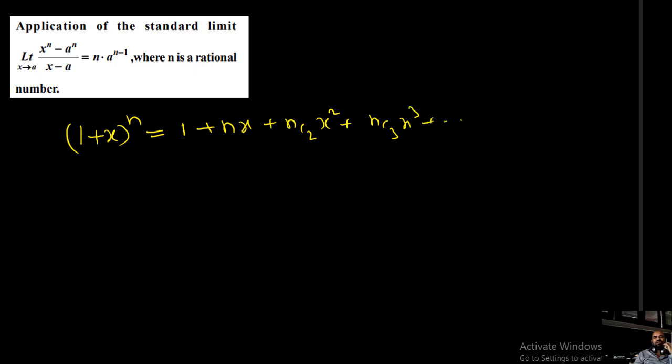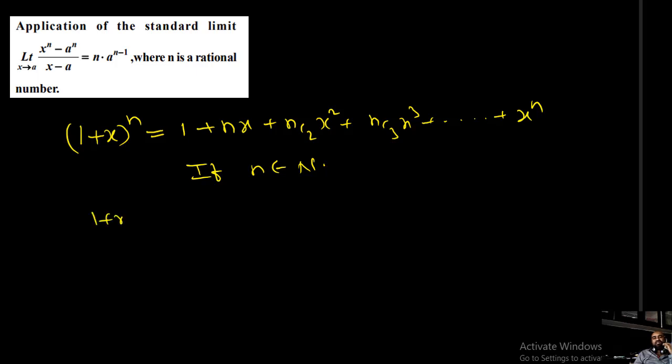Yeah, for this we need to know one important expansion, that is the expansion of (1 plus x) whole power n. That is 1 plus nx plus nC2 into x square plus nC3 into x cube plus so on plus x power n, if n belongs to natural numbers.